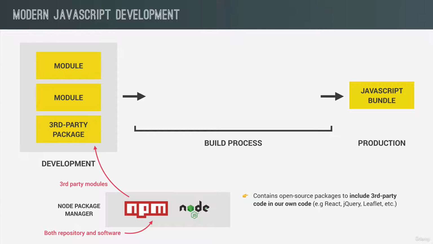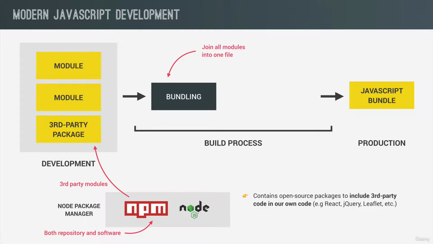Now, a build process can be something really complex, but we're going to keep it simple here and only include 2 steps. And the first step will bundle all our modules together into one big file. This is a pretty complex process which can eliminate unused code and compress our code as well.